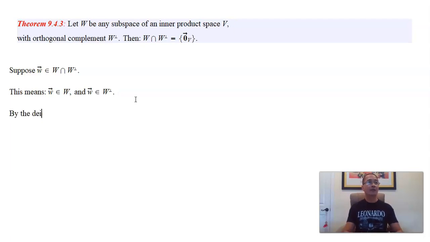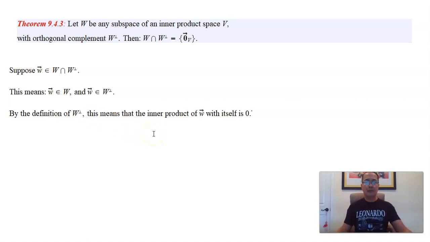So by the definition of W perp, this means that the inner product of w with itself is 0. Well, who are the vectors in an inner product space whose inner product with itself is 0?